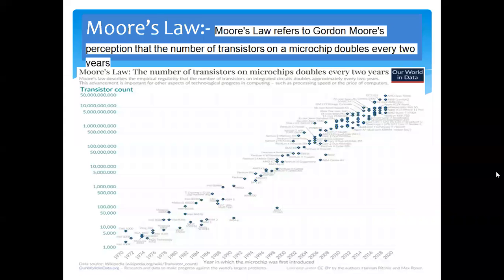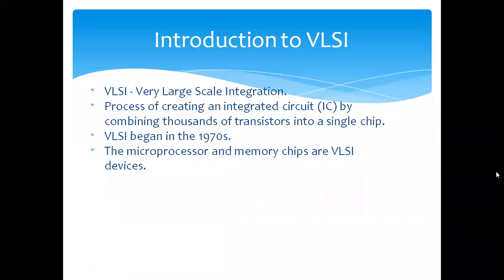Maybe in the upcoming 10, 20 years, nanotechnology can be a very prominent topic of research. So this is stated by Moore's law. Always remember, the perception is that the number of transistors on a microchip keeps doubling after every 2 years. So this is about Moore's law.